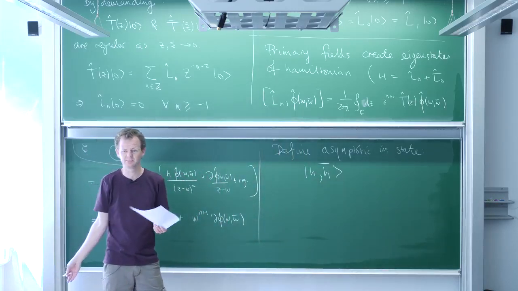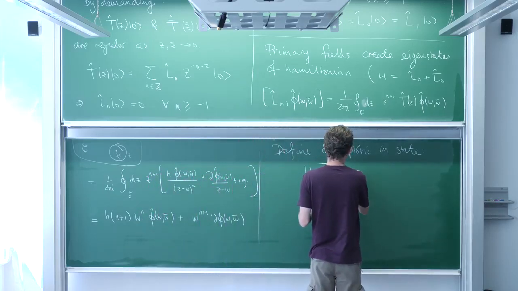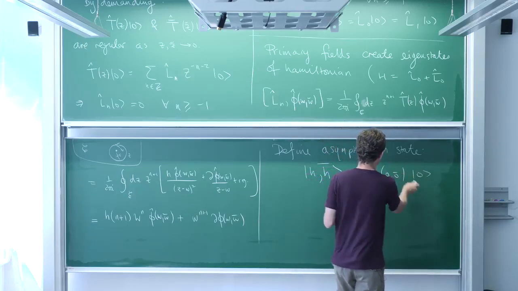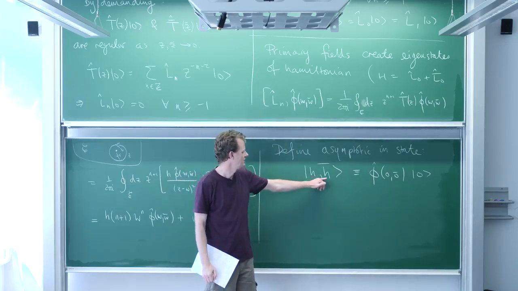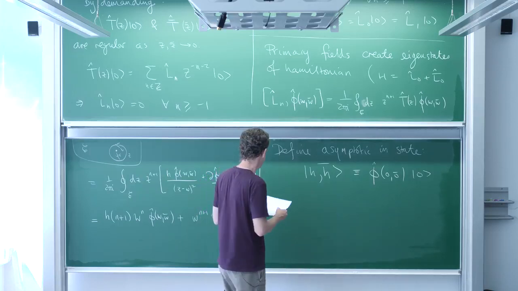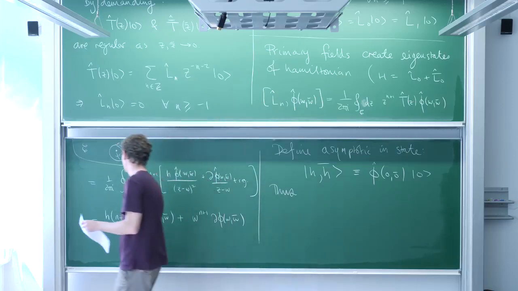So primary fields are really labeled by h and h bar, their dimensions. And that's why, instead of using this notation, I'll just switch over to calling the state h and h bar.